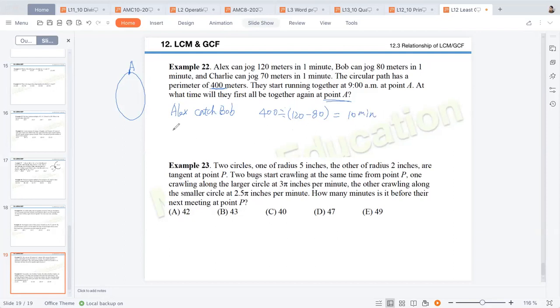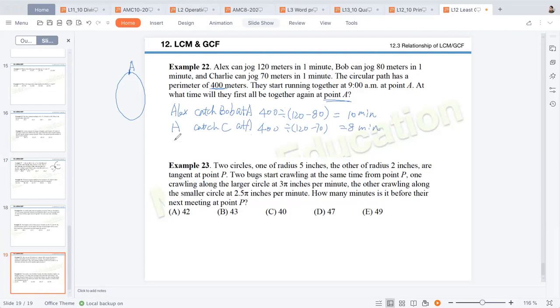Okay, how about A catches C? A catches C, we need 400 divided, right? So this is 8 minutes. Okay, A catches C at point A, okay?